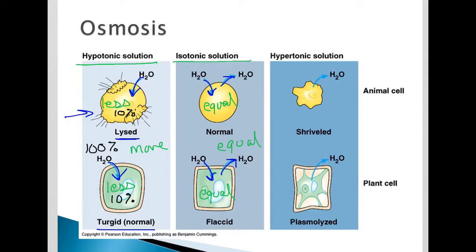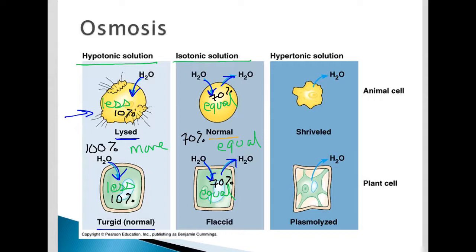And so just for putting a number associated with it, let's say there's 70% water in the solution and 70% water in the cells. The sizes of the cells stay the same, everything stays the same, okay? And animal cells like to be in an isotonic solution. That is normal for them. Plant cells, again, we said they like to be in a hypotonic solution.